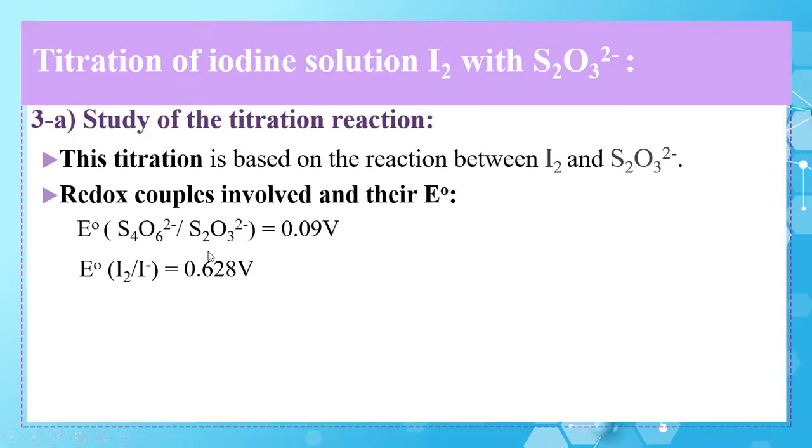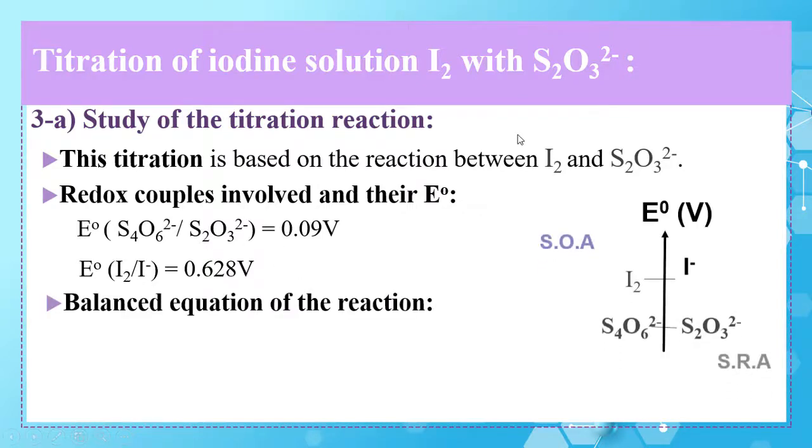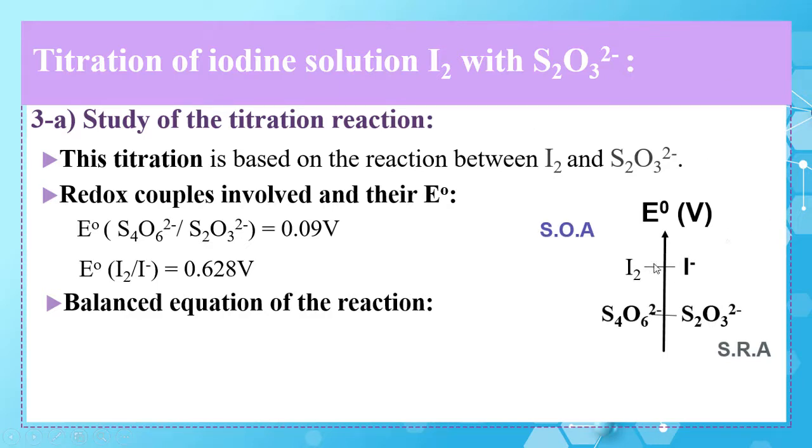In order to know the equation that is taking place, we place these two couples on the electrochemical axis. We can see that I2 is a stronger oxidizing agent and S2O3 2- is a stronger reducing agent. Therefore, according to the gamma rule, a reaction will take place between I2 and S2O3 2-, producing S4O6 2- and I-.